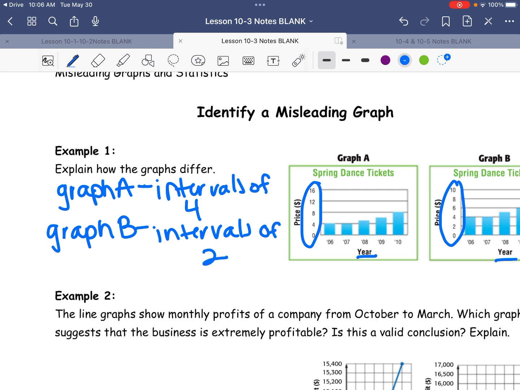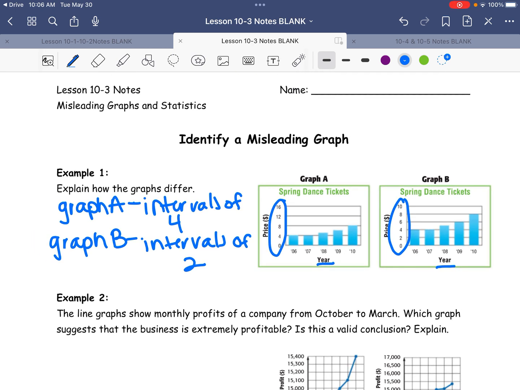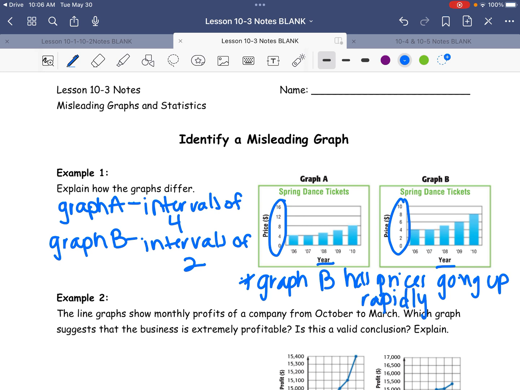If we were looking at this, we would conclude that graph B appears to have prices going up more rapidly. But we don't necessarily think that is the case, because our intervals are different.